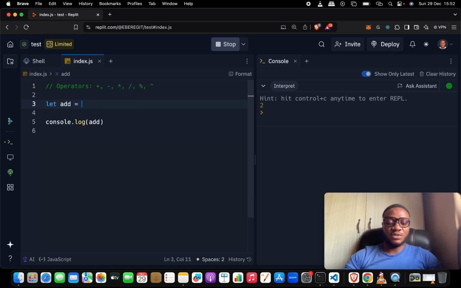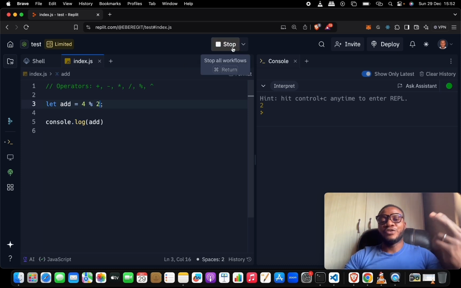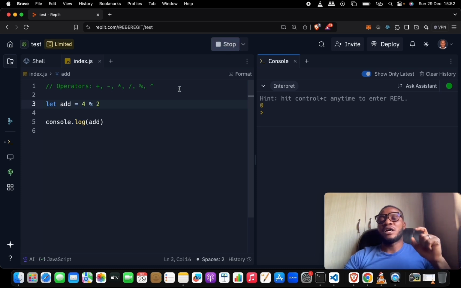But let's try it with something that's really realistic. 4 divided by 2 should give us 2, remaining 0. So you start getting why 2 divided by 4 would give us 2. All right. Let's run this, and you see 4 divided by 2, the remainder is 0.